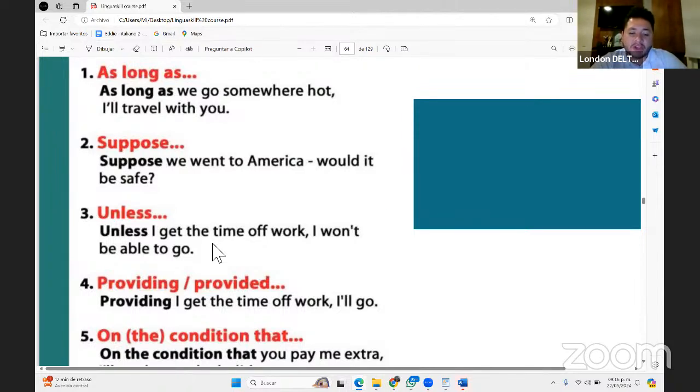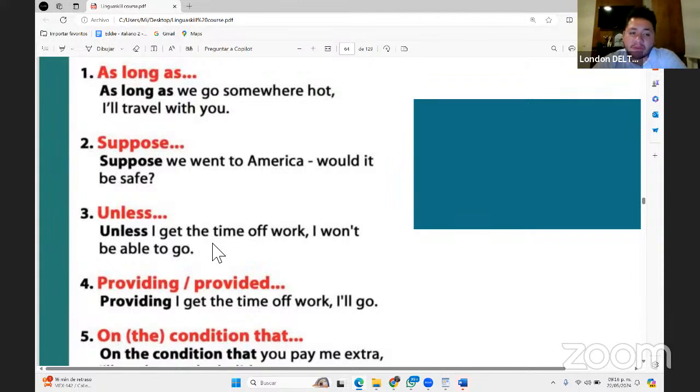Suppose you can use just in this imaginary situation, what would happen, right? So suppose is like just introducing the sentence using a supposition. Unless, to say that unless it is cloudy, we will go see the moon.